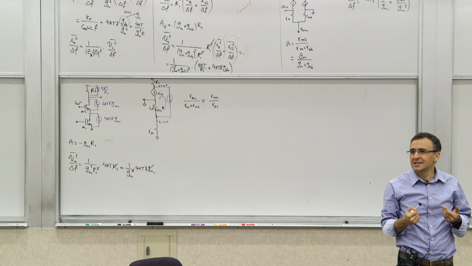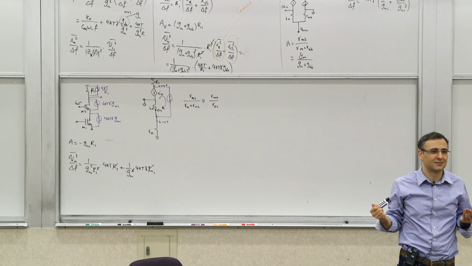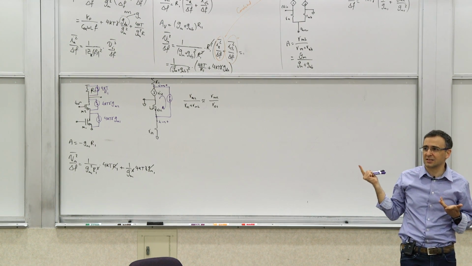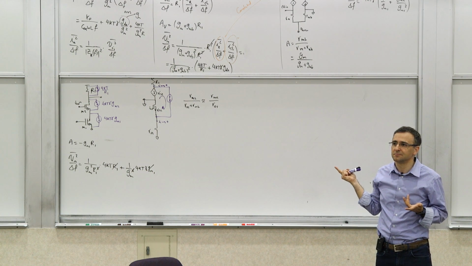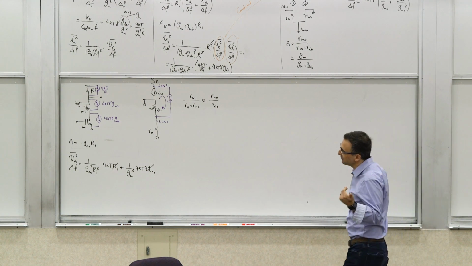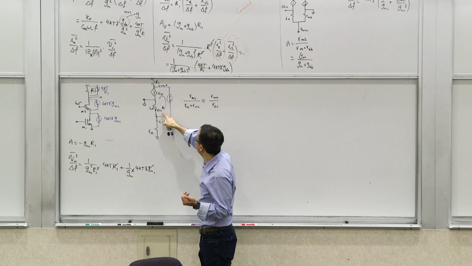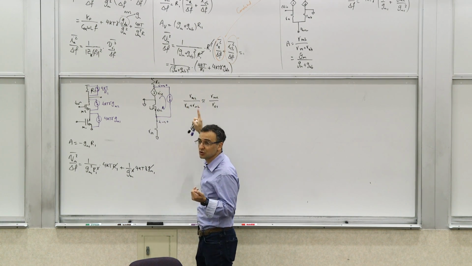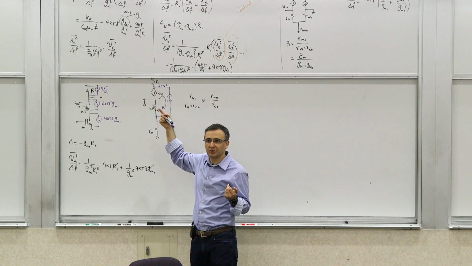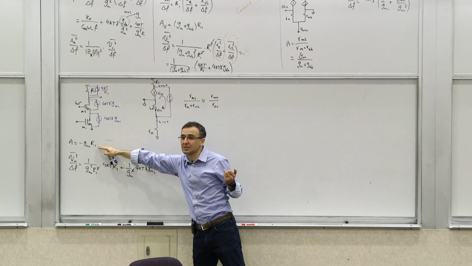So you can see that it doesn't contribute a lot, at least in this current setting, so for the most part you could ignore it. If you don't want to ignore it, you just take whatever that current is, multiply by this ratio to get it to the output, and then reflect it back to the input through this gain.